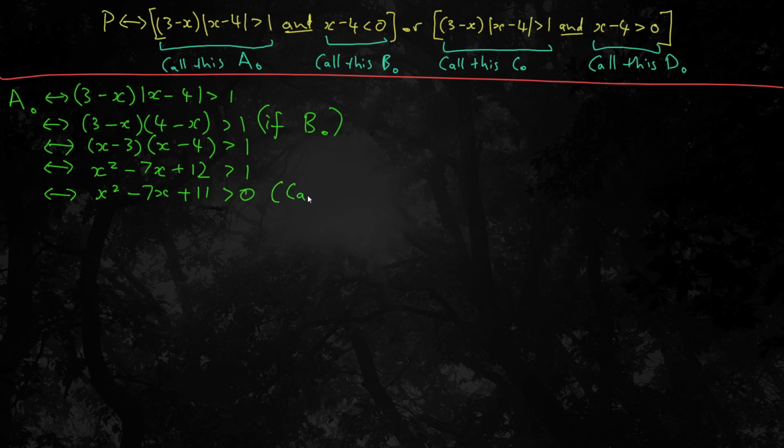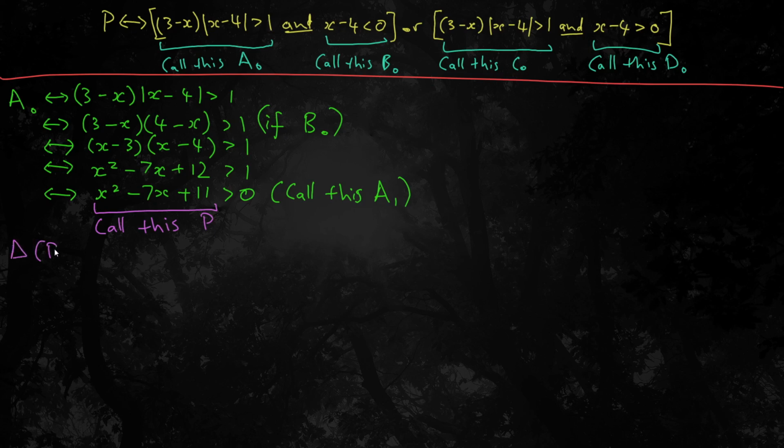Let's call this A1, in line with our simultaneous conditions technique. It's also a good idea to call this polynomial something so we can talk about it. I'll call this P. You could call it P or Q, whatever you want to call it.